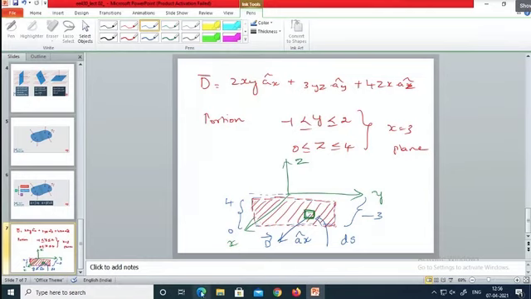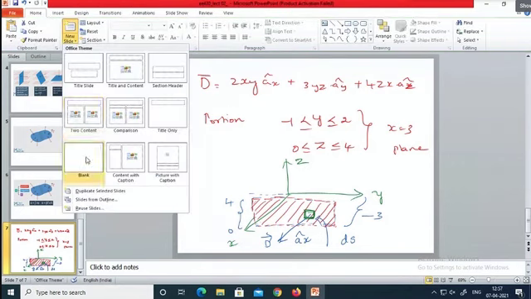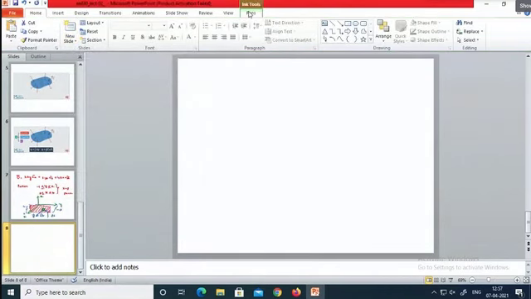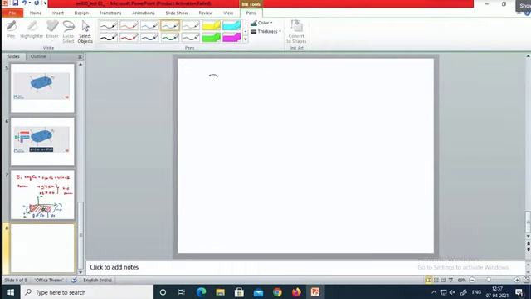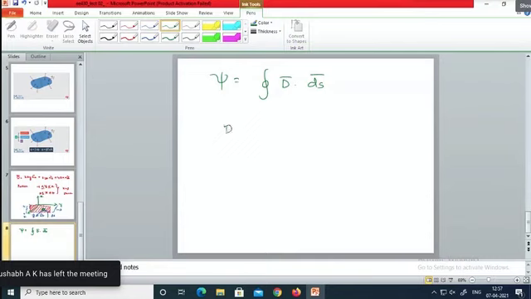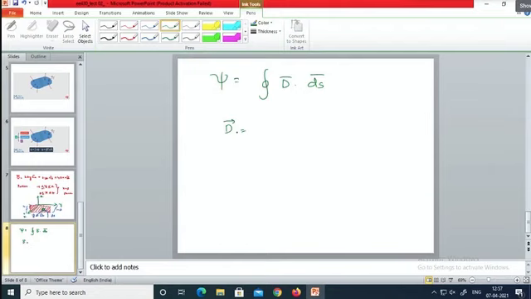Okay, so now I need to find the total flux. So let me go to the next slide. I'll just write it here. Psi is equal to the closed loop integral of D vector dot ds vector. I know the D vector. It is given as 2xy ax cap plus 3yz ay cap plus 4zx az cap.